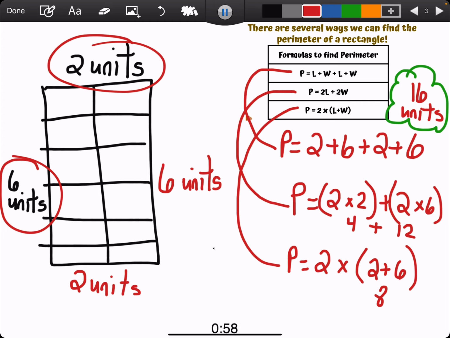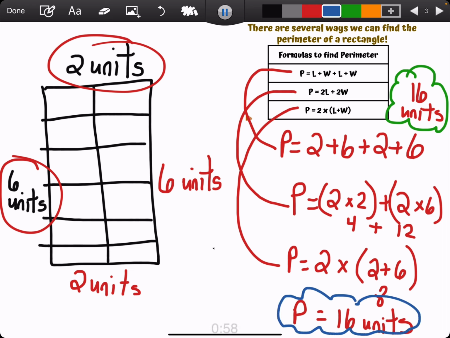That was half of the rectangle, so I'm just going to double it to give us the other half, and that will give us 16. So perimeter equals 16 units. It was 16 units for all three formulas. So that is a quick idea of how you find the perimeter.